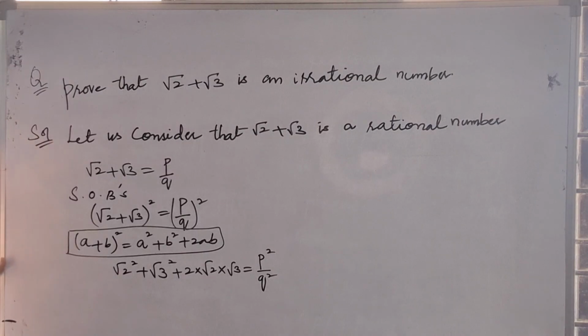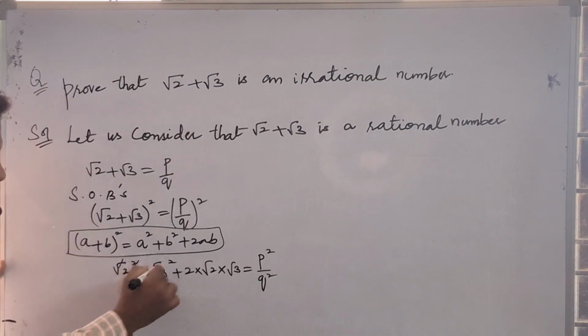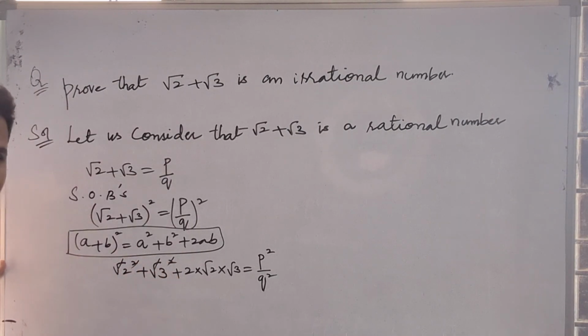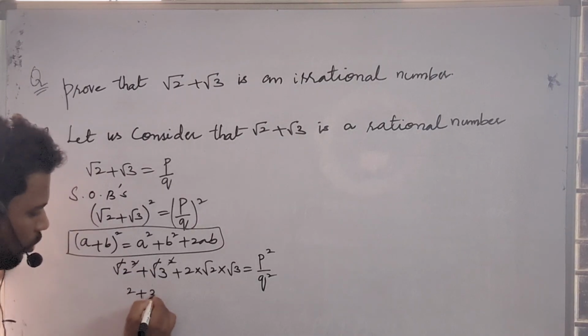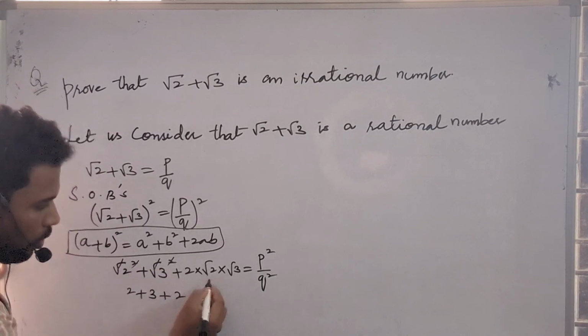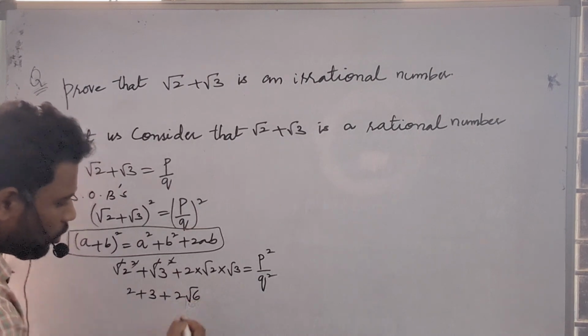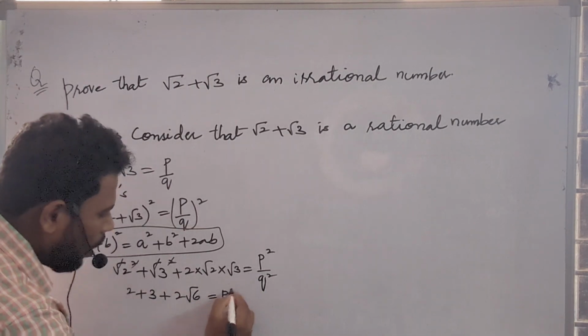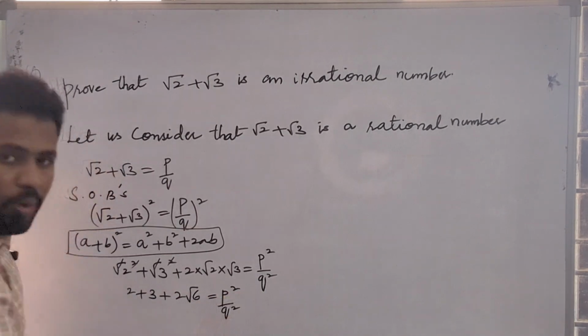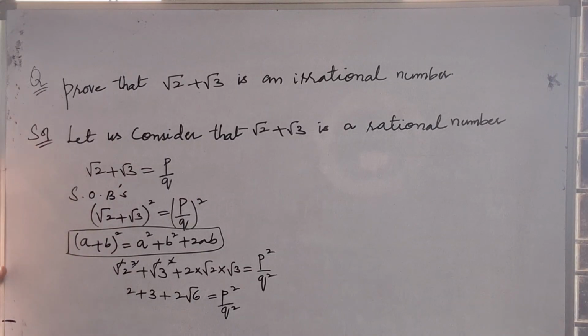Now the square root got cancelled. So what we have left here? 2 plus 3 plus 2 into, just multiply these two roots, root 2 times root 3 is root 6, which equals p square by q square.